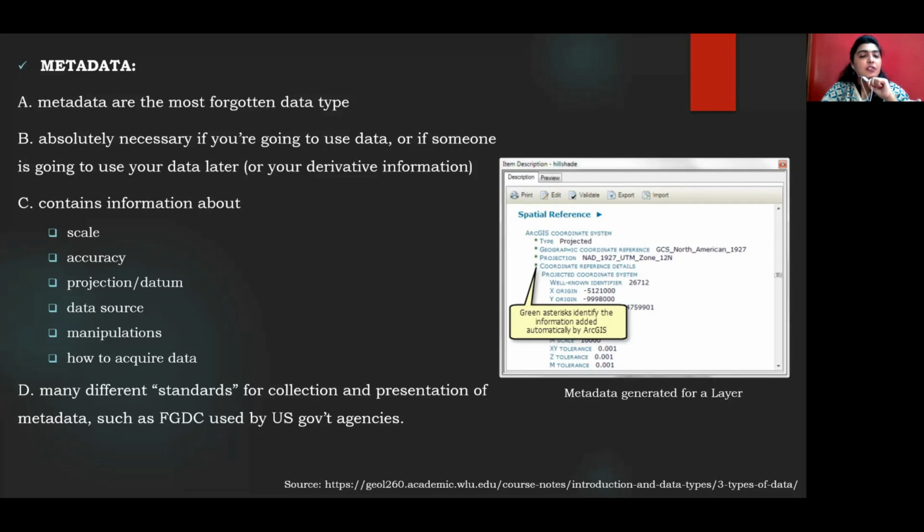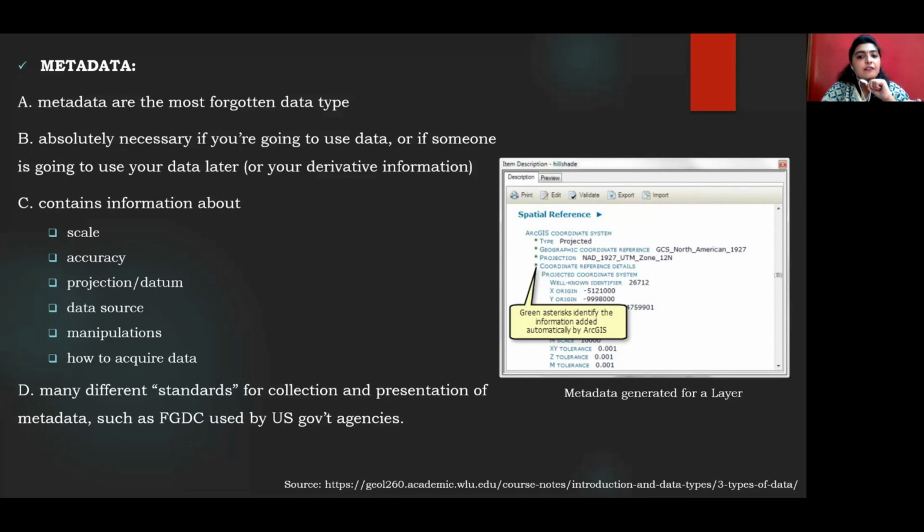When I am using a shapefile that someone has constructed for me, I need to know what kind of projection they have used. I need to know what the accuracy is. I need to know what the scale is. Only then will that help me in further analysis. And all that is stored in the metadata, and hence it becomes very, very necessary.